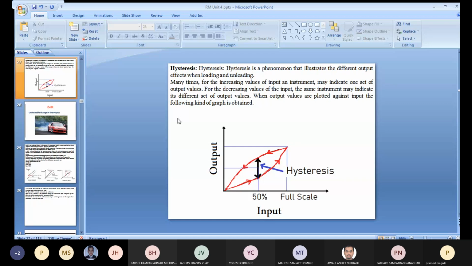At the time of loading and unloading. Correct? So you can draw the graph, and if you are interested, you can write the things as they have mentioned.